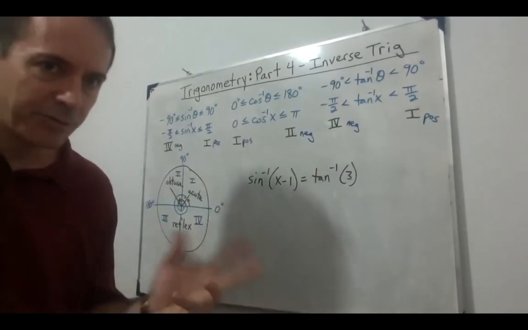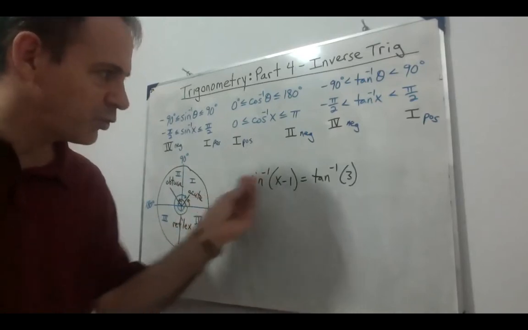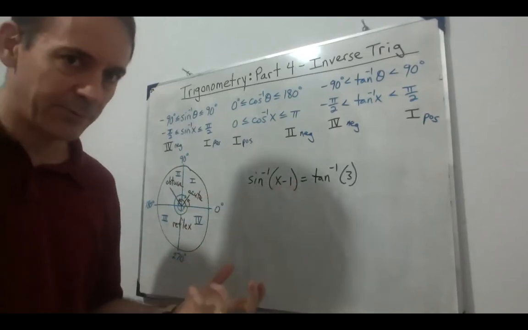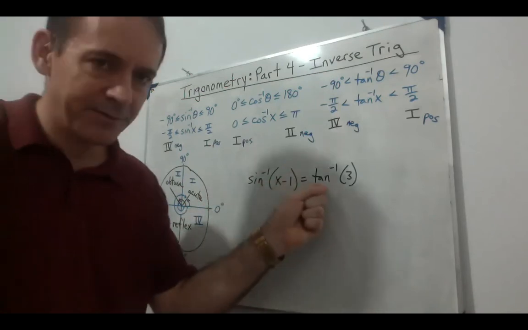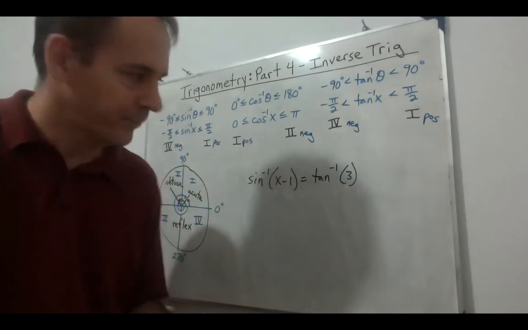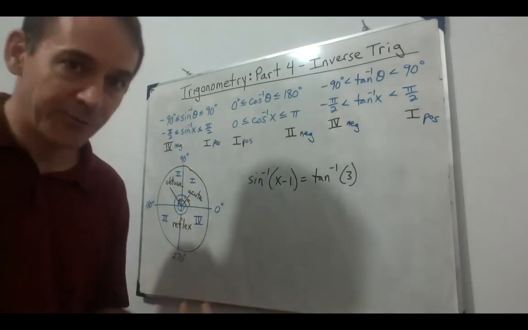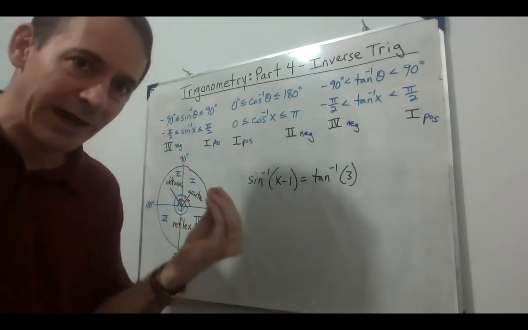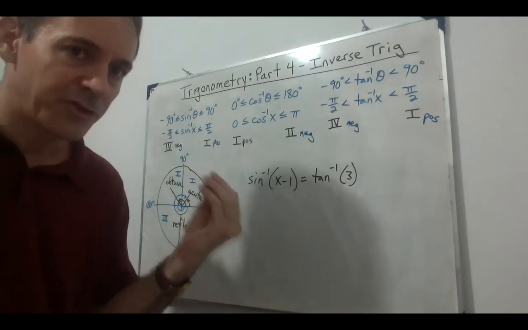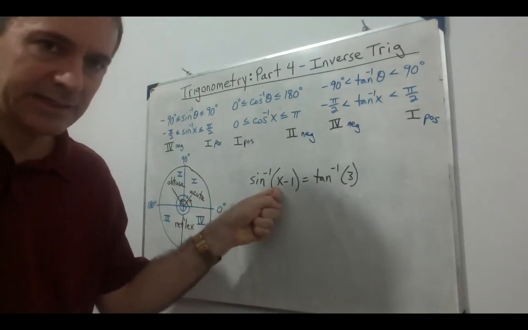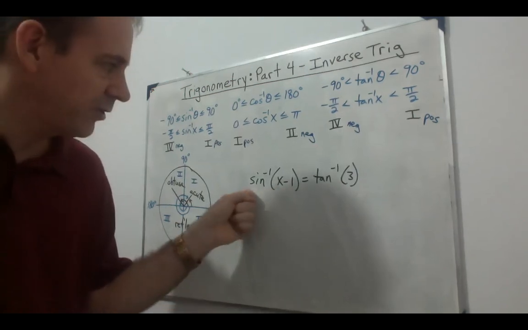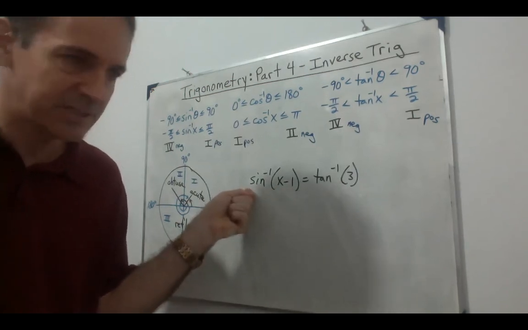And that might throw you off a little bit. Well, which one do I get rid of? Do I get rid of the inverse sine, or do I get rid of the inverse tangent? Well, first, look for your variable. Your variable is what you're actually solving for. So our variable is right here. We want to get the x by itself. That means we're going to want to get rid of this inverse sine.